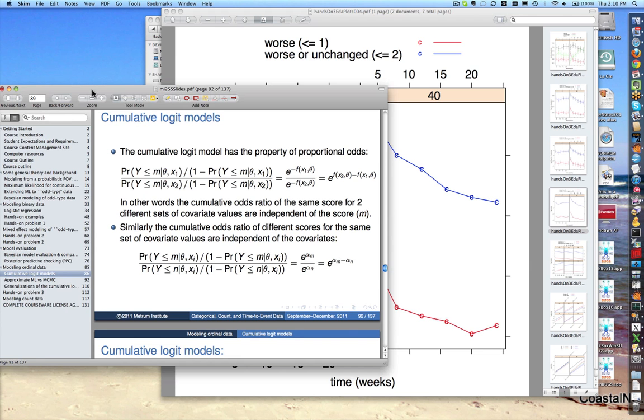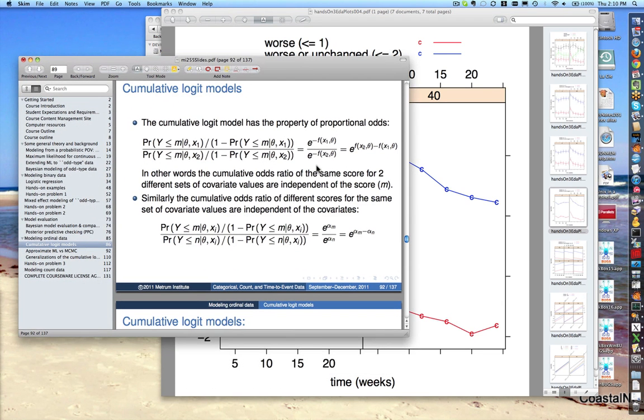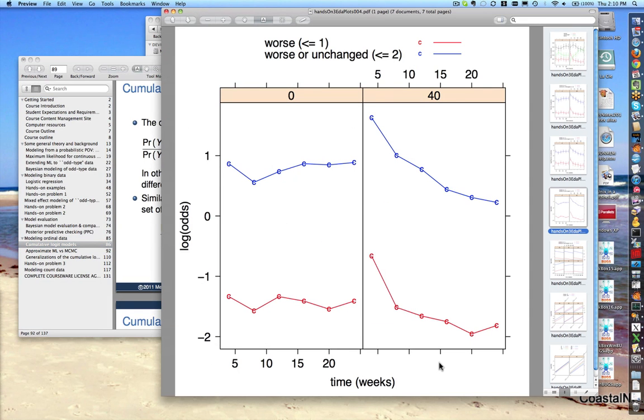And there we can take some graphical looks that in effect test whether these things hold. So for example, here I've taken the log odds for our case and plotted them versus time for our cumulative fractions.